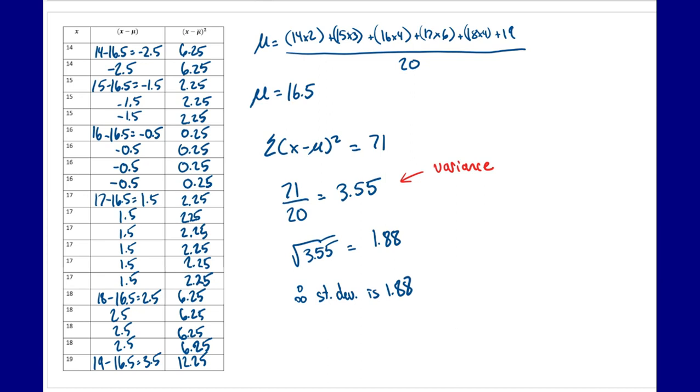If we think of the average as being 16.5, that means most of the data, or 64% of the data, falls between roughly 18.3 and 14.7. So that's where most of the data falls. 64% of the data falls within that range.